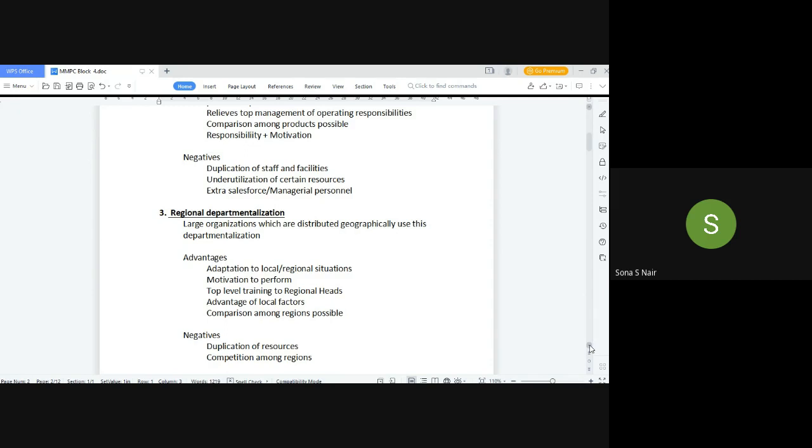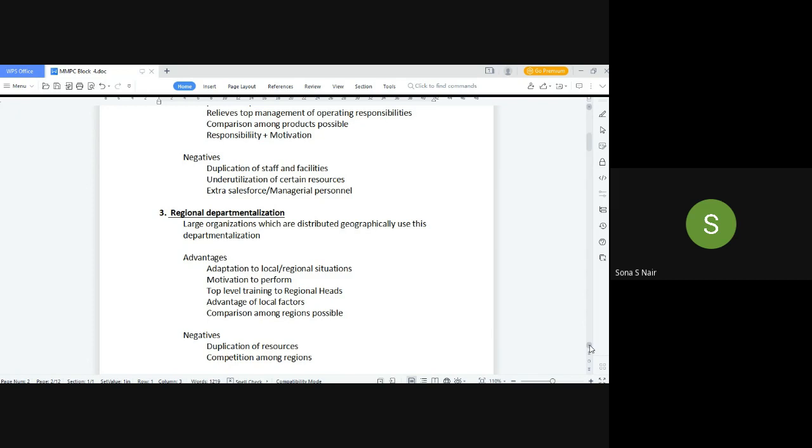Why? One is that they would be able to adapt to the local situations, local conditions, local expectations of the consumers. Again, whenever there is departmentalization, people are motivated to perform, in the sense that they own the department and they feel the urge to perform for the department.